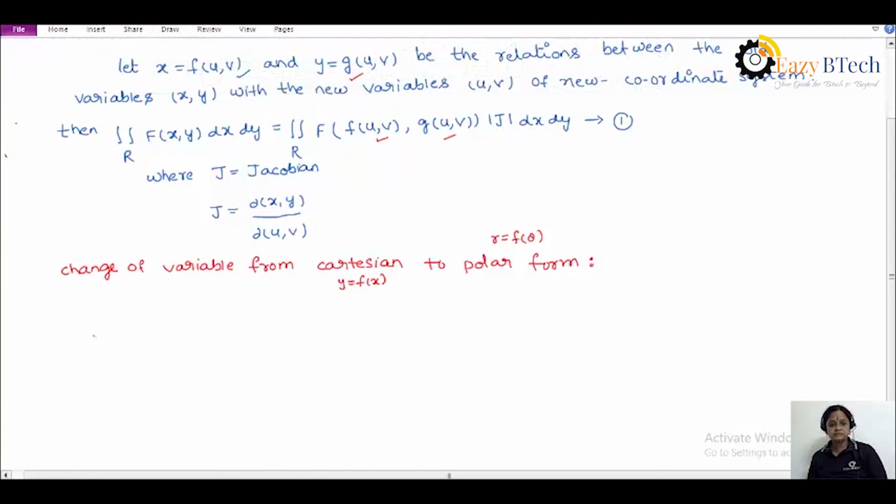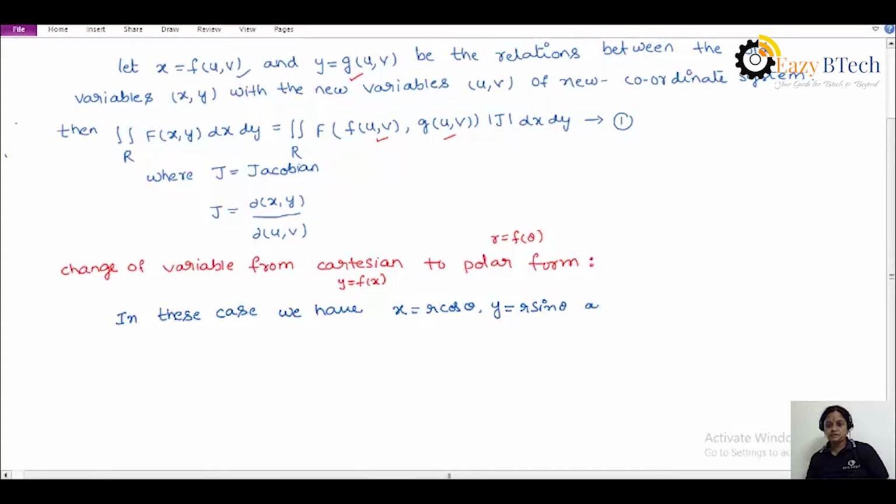In this case we have x is equal to r cos theta and y is equal to r sin theta.